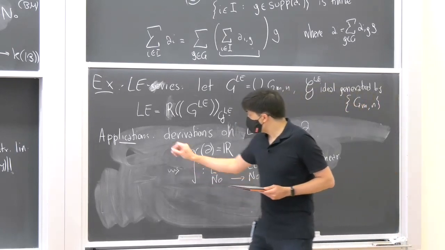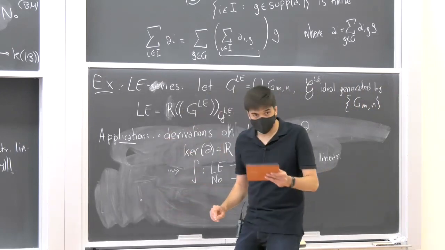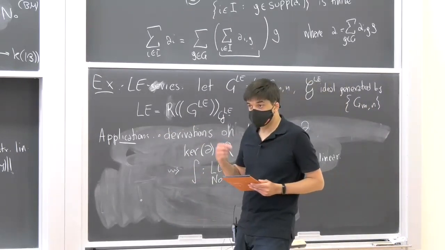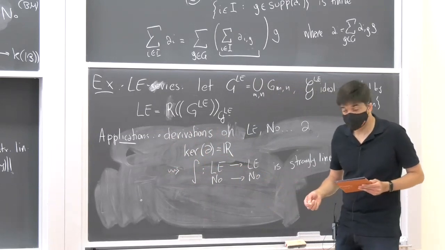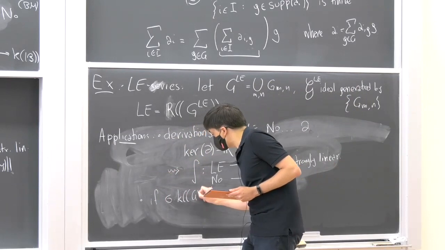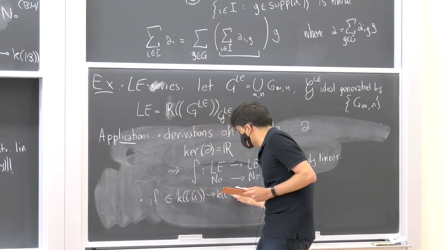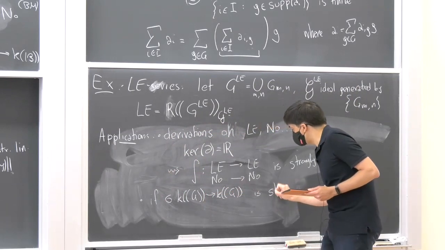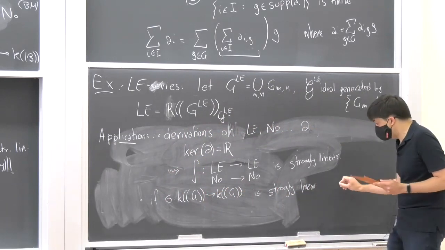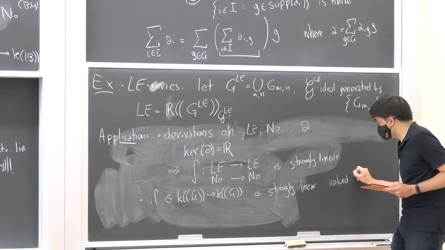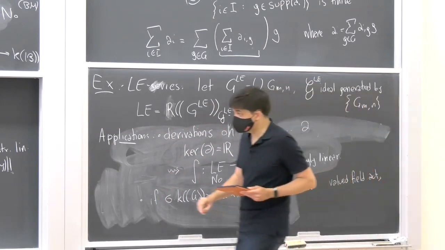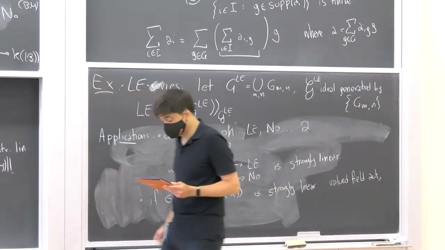Okay. Then another comment is something that Michele said on Wednesday. What if you're working with an automorphism of a Hahn field? So if sigma on K((G)) is a strongly linear valued field automorphism, okay, I need valued field automorphism because I need to have this condition 1 here.